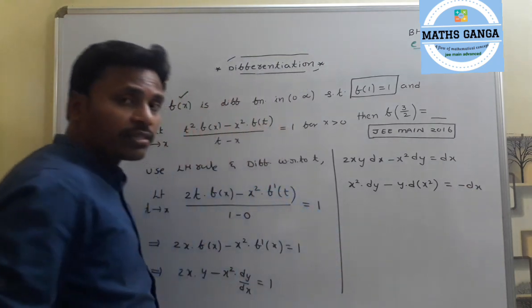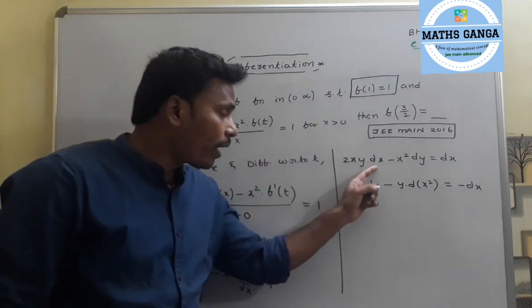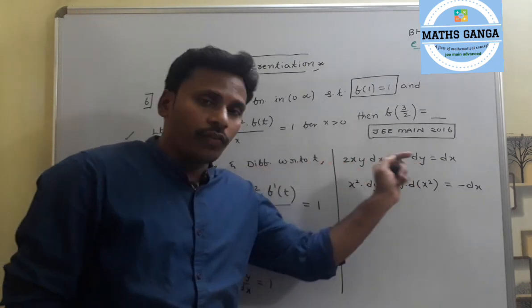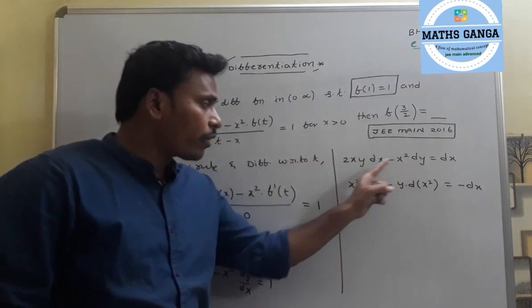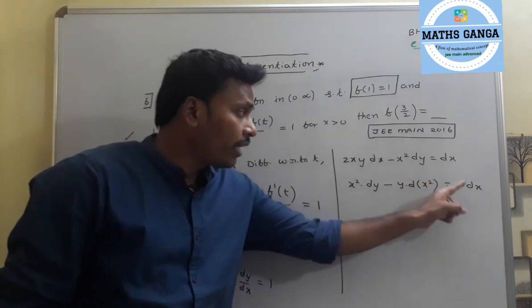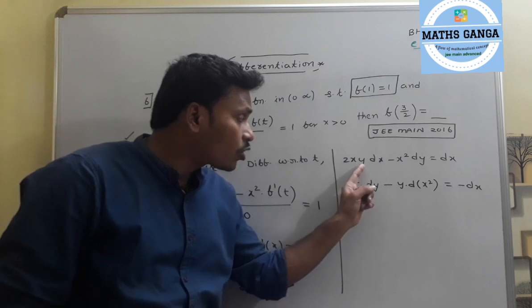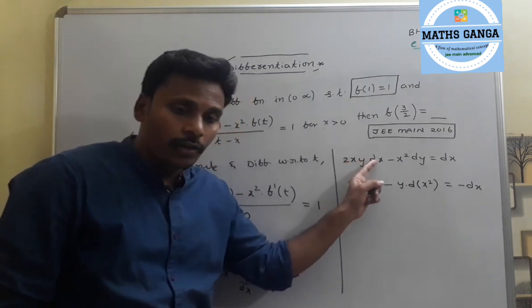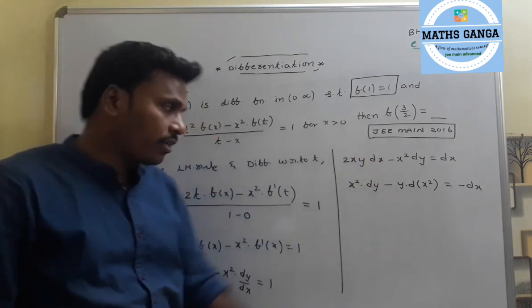Is there anything wrong? This is 2xy dx minus x square dy, right? You multiply everything with minus, so you get x square dy first, then 2xy dx next, and then minus dx. Here I am writing this 2xy dx as y into the derivative of x square. The derivative of x square is 2x dx, right?